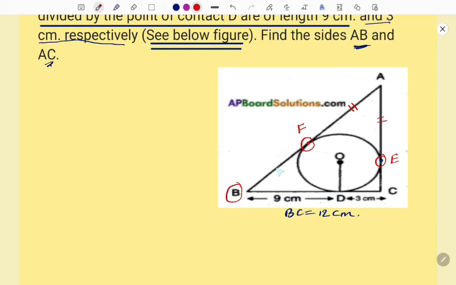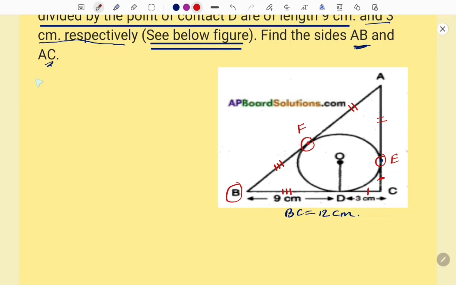C is also an external point, therefore CD and CE are also equal, because they are also lengths of the tangents.